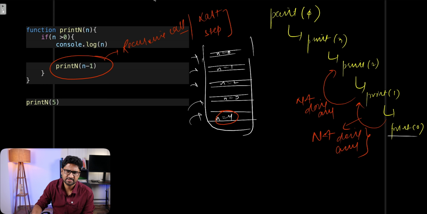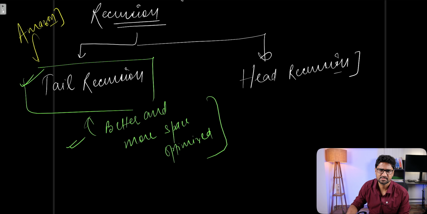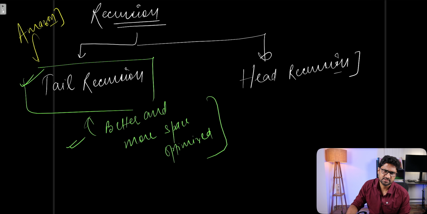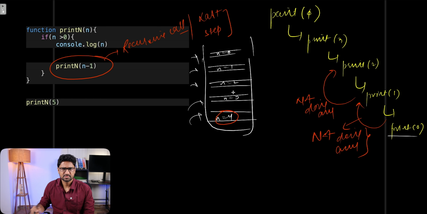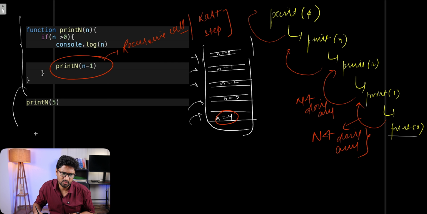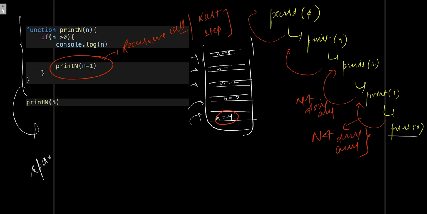In the previous case, I have to store the values of 3, 2, 1 because when I'm coming back, I have to print. But in this case, when I'm coming back, I'm not doing anything. I'm just jumping and coming out. I don't need to store that state. So when I write the code in this manner, I can do some kind of space optimization.